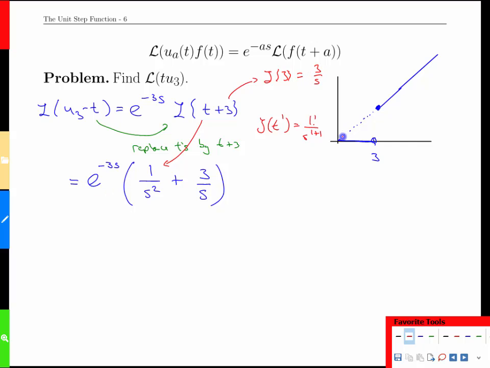And so if we're asked to transform this stepwise function here that was 0, then jumps up to equal t, this is the function we're going to get on the transform side. Again, notice the ingredients: transform of t and transform of a constant, and we're also going to have this exponential with an s in it that indicates a step function is present.